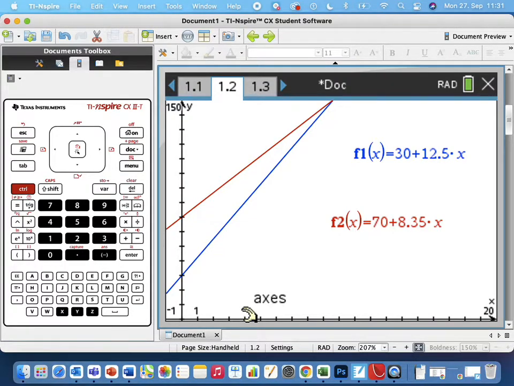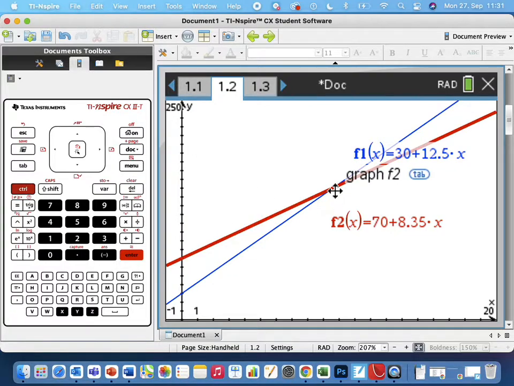For this amount of days, the blue is a lot cheaper than the red. But then, if we just double click on here, let's change it to 250. You can see there's some crossover point where the red becomes cheaper than the blue. So just the pure graphing and appropriate scale, this reveals all you need to know.